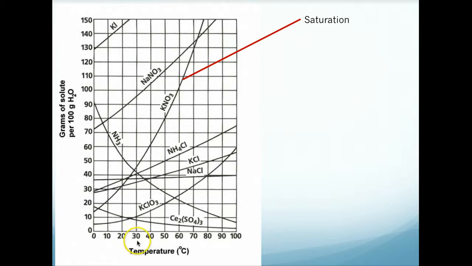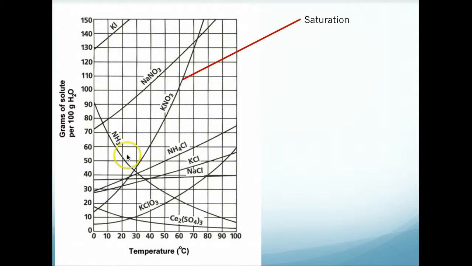So if you're plotting, say, 100 grams of water at 30 degrees Celsius, then we follow the line up and we see that to have a saturated solution, it's going to be about 47 or 48 grams that you're going to dissolve. But at this 30 degrees Celsius, let's say we have 60 grams that we're going to put in.